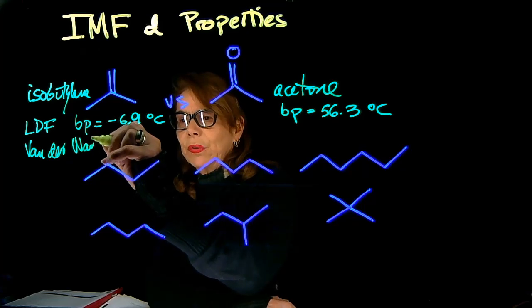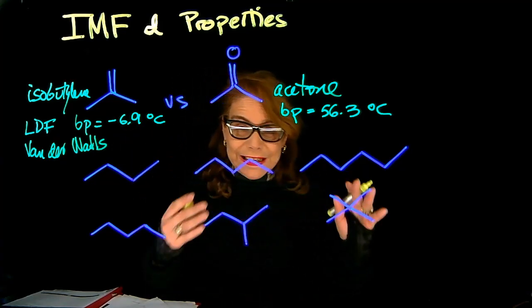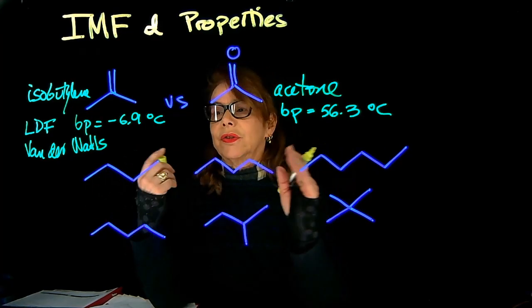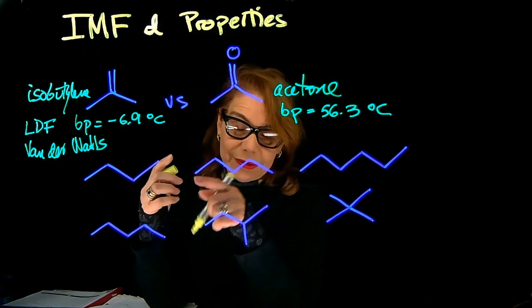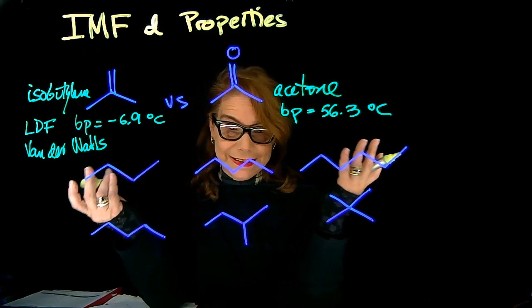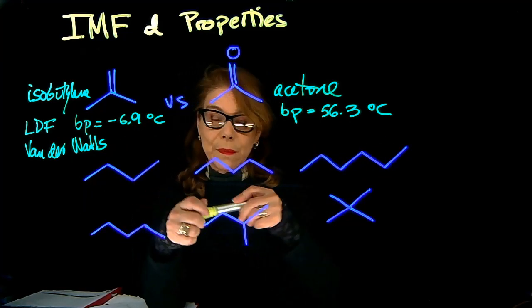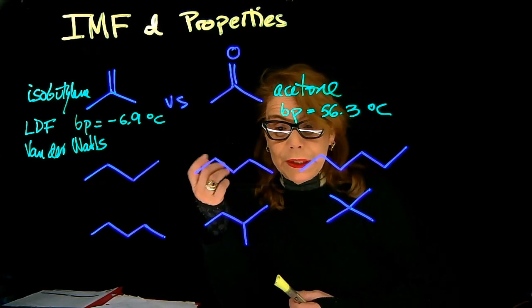Remember that these are fleeting dipoles, not permanent, so these are weak interactions. And this molecule is in the gas phase, its natural state. The boiling point is very low, meaning at room temperature it would be a gas.